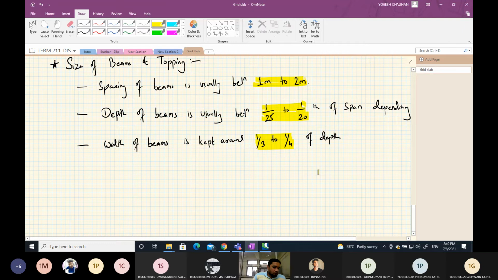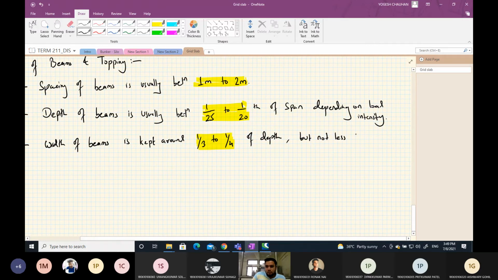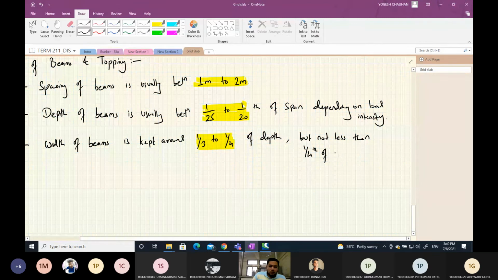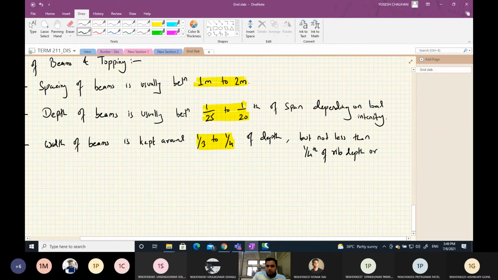But here, note that this width should not be less than 1/4 of the rib depth or 65 mm, whichever is more.